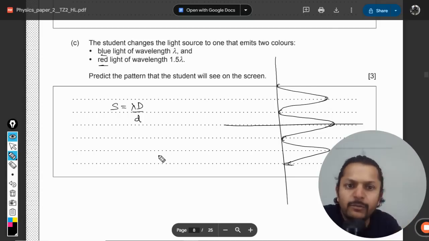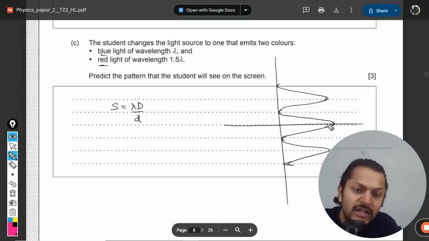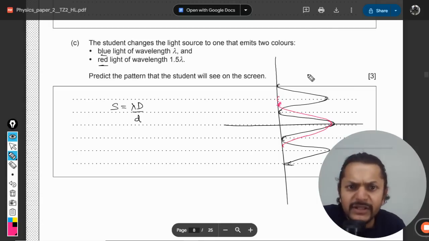Let us say this is the pattern for blue. Now what happens? In the case of red, it becomes 1.5 times. So this is 1, so it will be 1.5 here. Somewhat like this kind of pattern will be there.